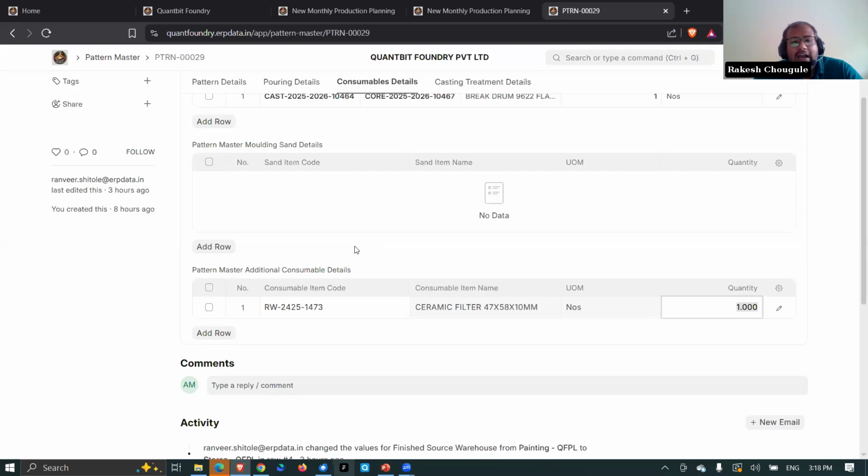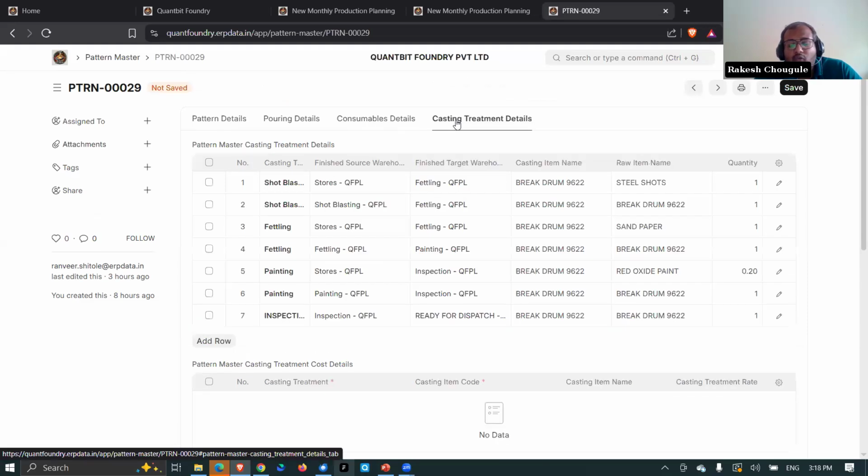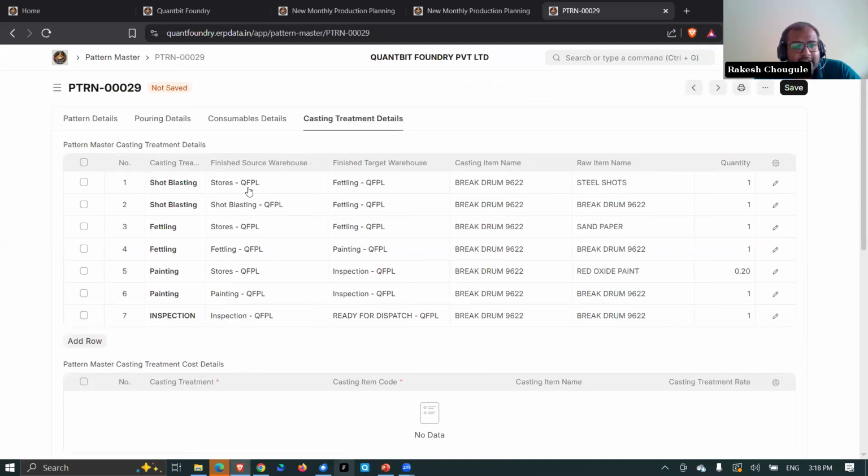So after production of the brake drum 9622, the following procedures or allied activities which we do on that casting are all configured here. You can see that there will be shot blasting after pouring, and what raw material it requires, steel shots, its standard quantity.